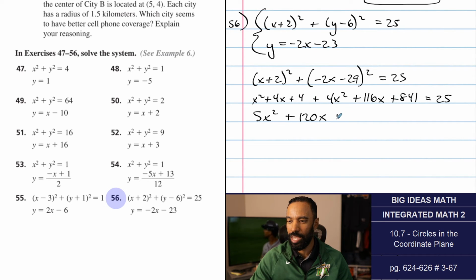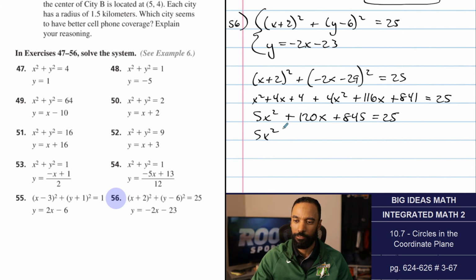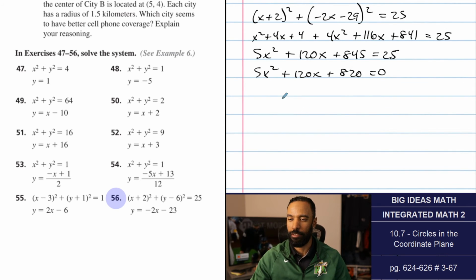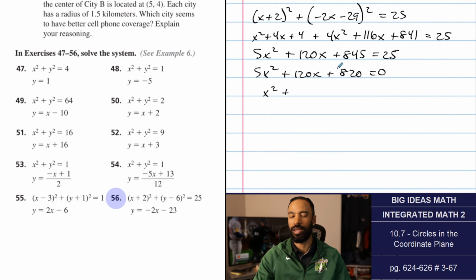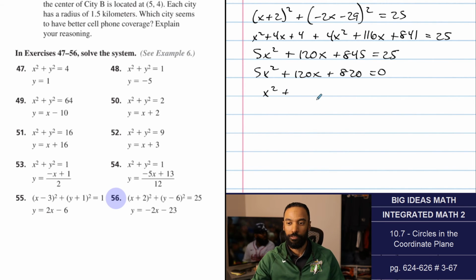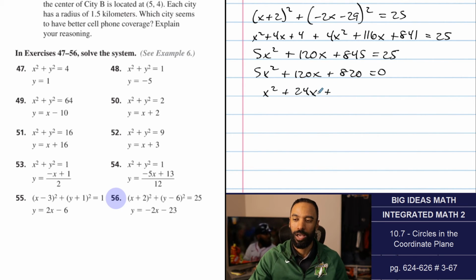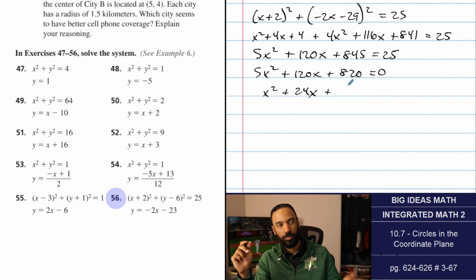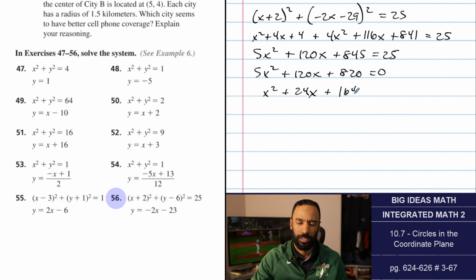Plus 4 is 845, and then equals 25 here. Subtract 25 from both sides, and you get 820. And then let's divide everything by 5. We get x squared plus 24x plus 164.